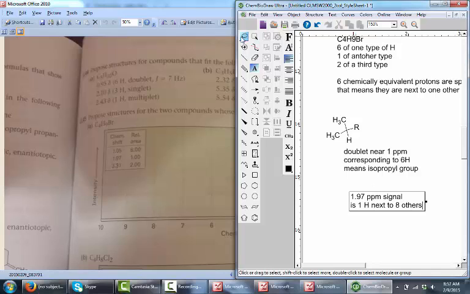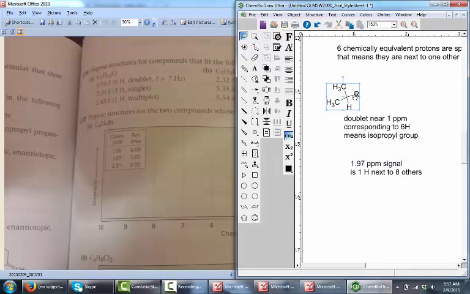Now, if I go back to my isopropyl group as my core, that almost certainly refers to this proton. Okay, and this proton is next to, the way I've drawn this, 6 protons on the two methyl carbons. But in order to get a signal that's split into 9, there have to be 8 protons on adjacent carbons.